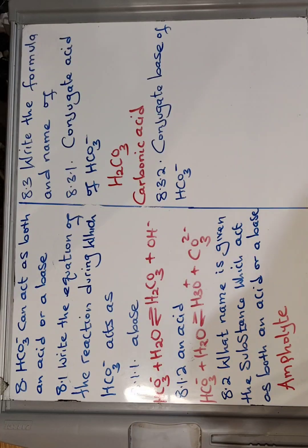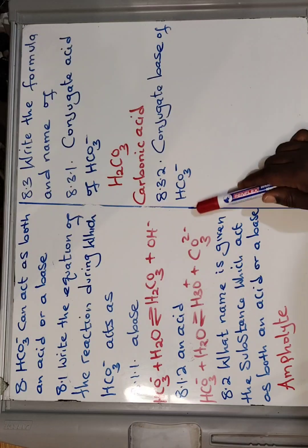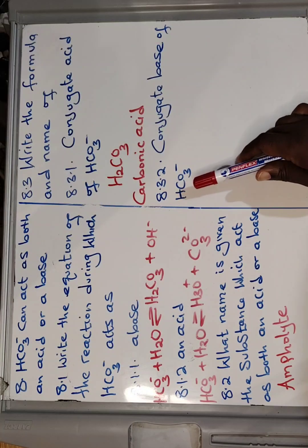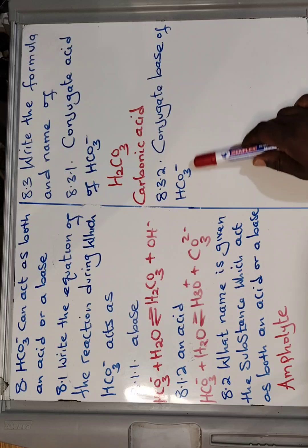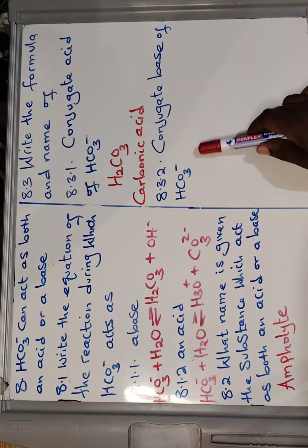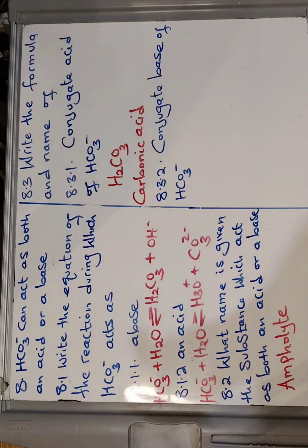You have to remember that the difference between an acid and its conjugate base is an H, the H which is possessed by an acid. So whatever you have here has an extra H, and its conjugate base will not have that H. So what is that going to be?